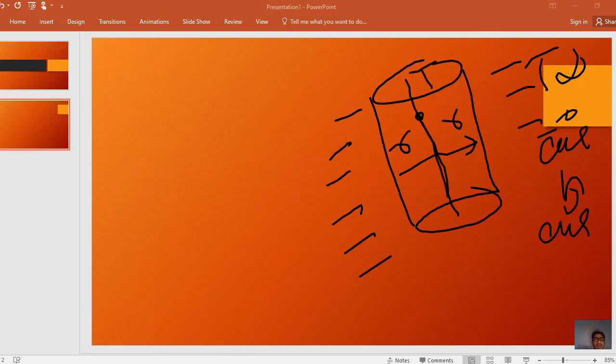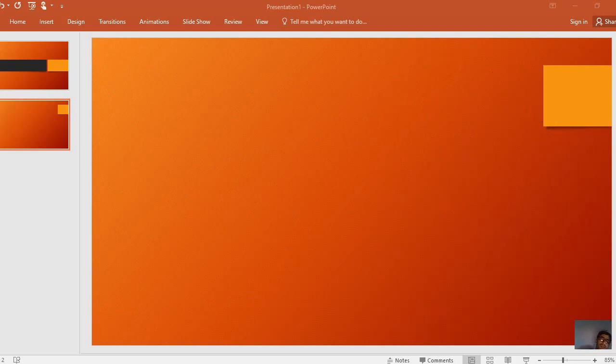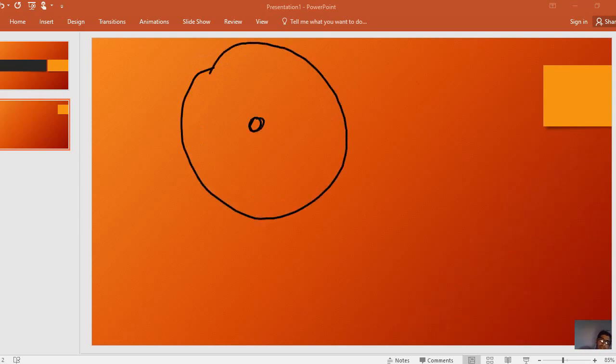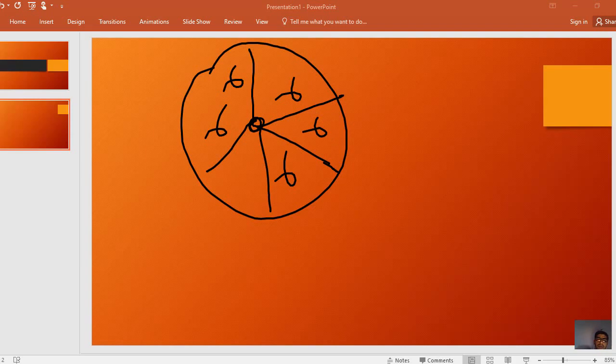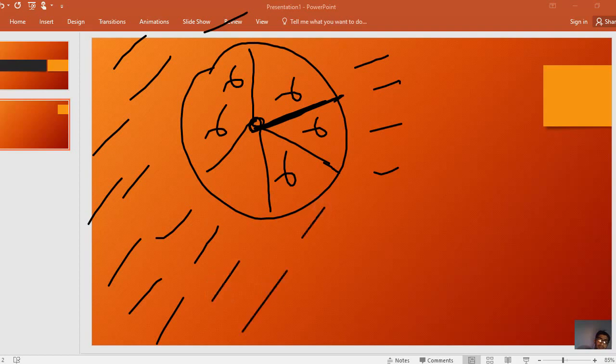Similarly, for spherical objects, suppose we have a spherical object of radius r. This is the radius of the sphere. Suppose this spherical object is placed in air or some medium, with T infinity and heat transfer coefficient of the air.